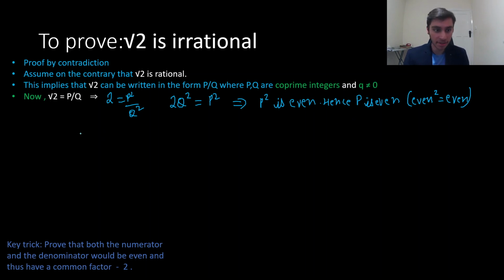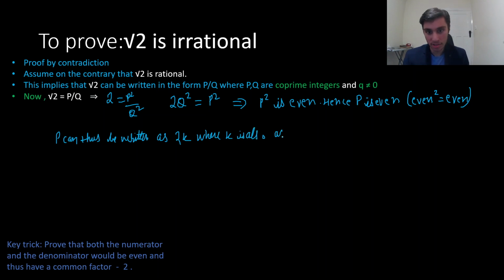So if p is even, p can thus be written as 2k, where k is also an integer.